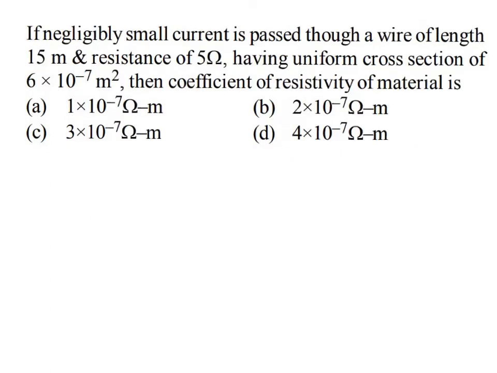If negligibly small current is passed through a wire of length L equal to 15 meter, the resistance of the wire is given as 5 ohm, having a uniform cross-section area equal to 6 into 10 to the power of minus 7 square meter.